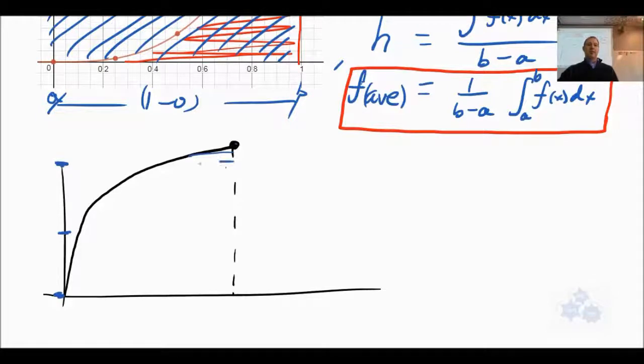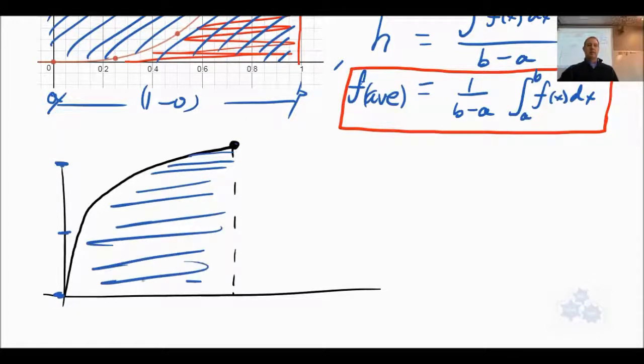Because if we're considering area, the equivalent rectangle wouldn't be the same if we went halfway. That's not the same, so it's not that one. It's definitely not 0.625 like the other one. This area is way too small. So it's going to be somewhere up closer to this value maybe, and this would be what we're looking for.